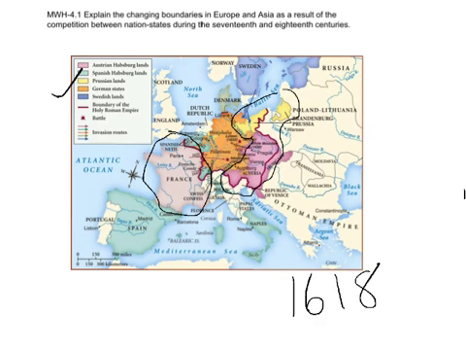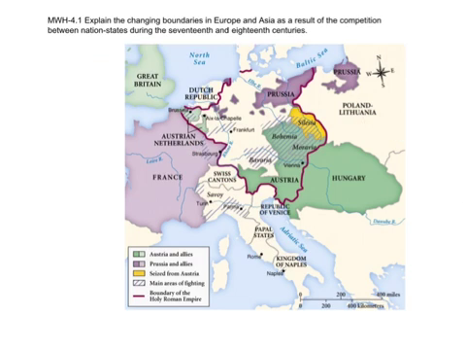The 30 Years' War ended in 1648 with the Peace of Westphalia. The war was a disaster for Germany. About 4 million people died, and the economy was in ruins.